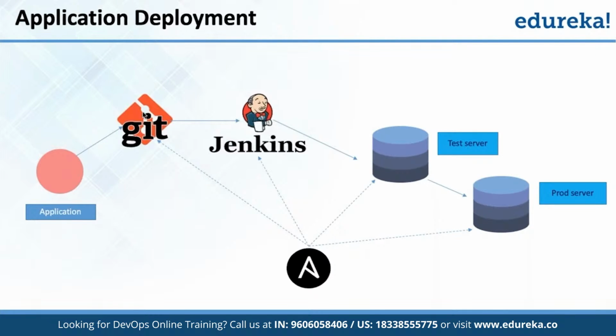So every stage of this lifecycle can be integrated with Ansible using plugins. As I told you, Ansible has plugins for different scenarios and requirements. So it has a plugin for Jenkins, it has plugins to communicate with dev environment servers, prod servers, Git, so that all those things can be done using plugins, and you can automate your infrastructure provisioning and management.